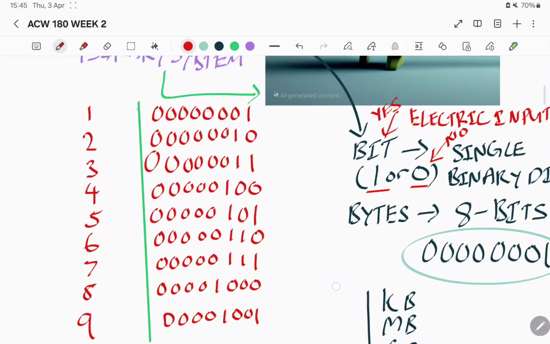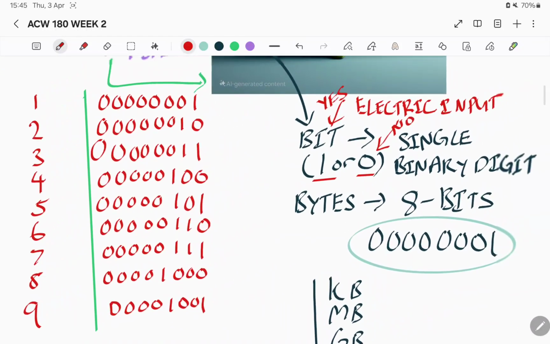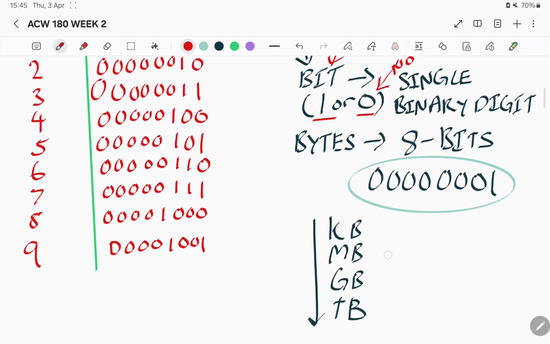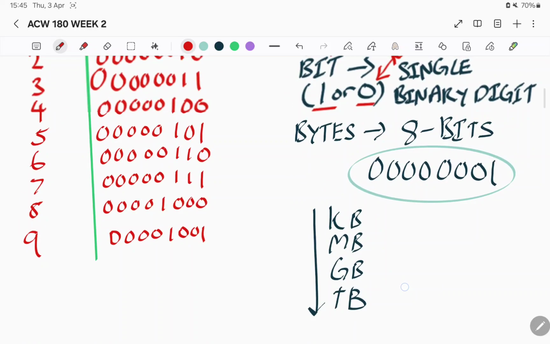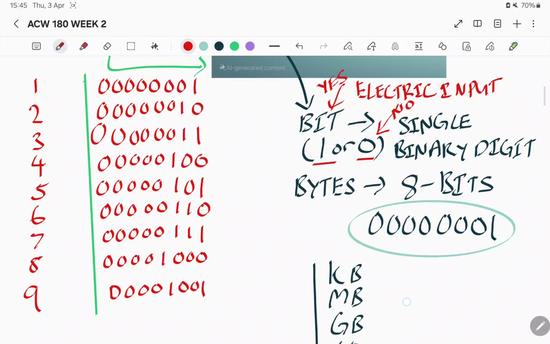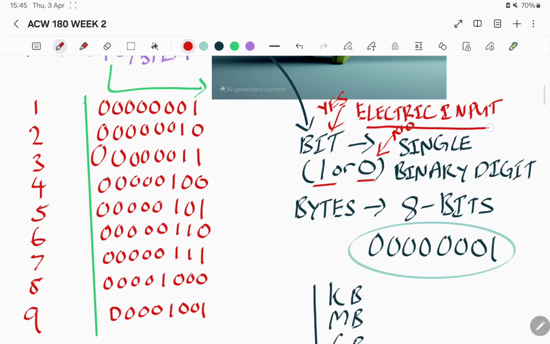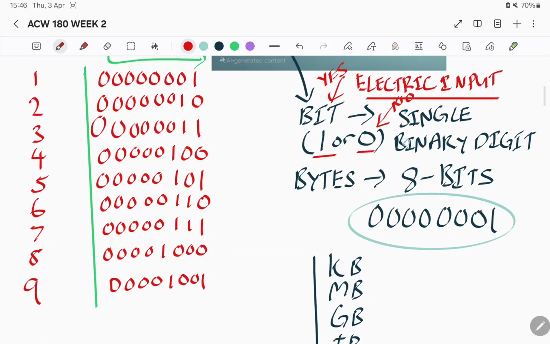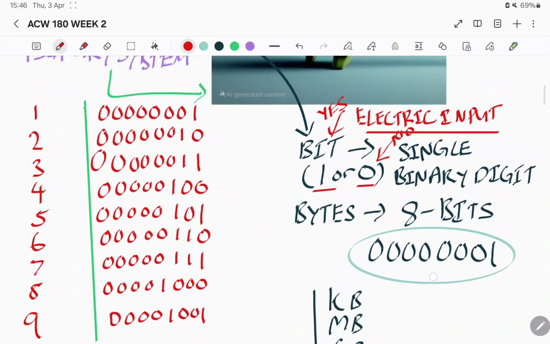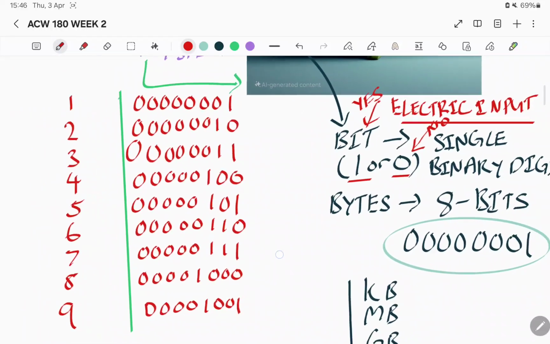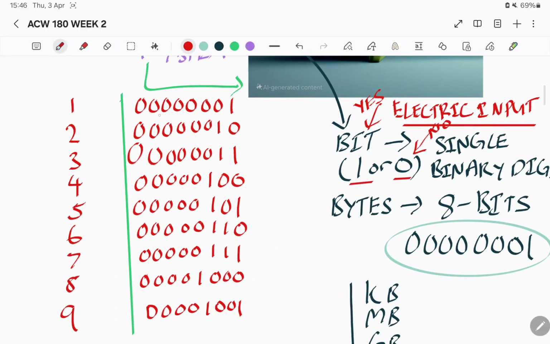Yeah, this is how the computer will, because it's secure, right? Later we'll talk a bit about how this electric input is then used in a circuit, how the circuit can be connected in a way that when we input this, the computer will compute accordingly.